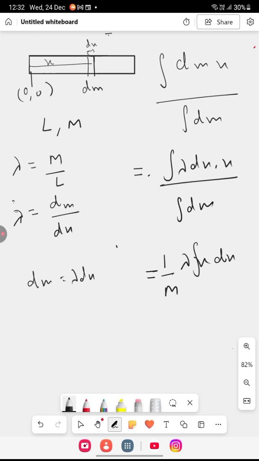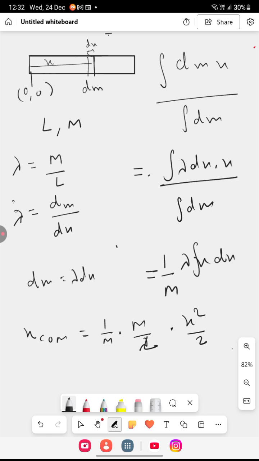So x center of mass will be 1 by M times lambda, where lambda is M upon L, times integral of x dx, which is x square upon 2.